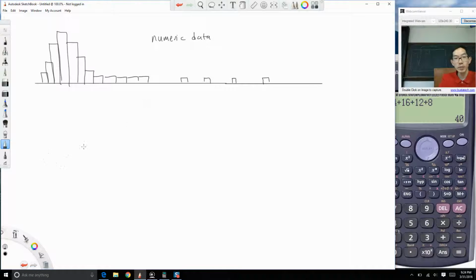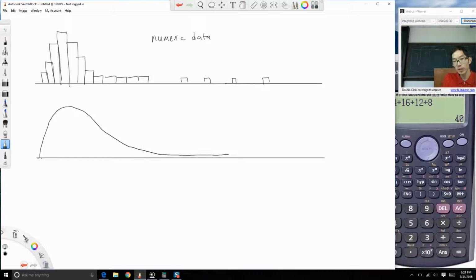Okay, and we can take this and summarize the shape of this distribution with something that looks like this, okay?